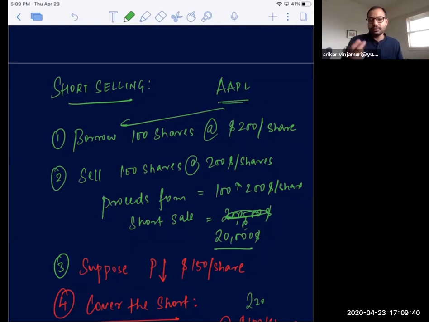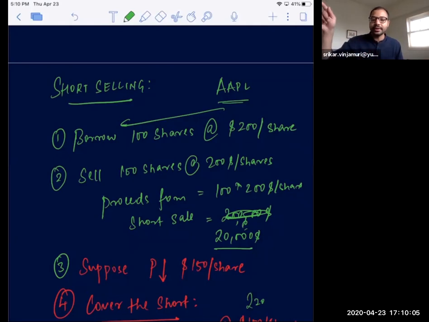You have two options. One option is to buy back, you just bite the bullet, take the loss, buy it back, cover the short, deliver the shares back. The other is to hold the shares as they are on your balance sheet and not cover that position by buying it back. You just use your other capital to buy back and wait for a better position, because you're wrong on the short side of the bet.